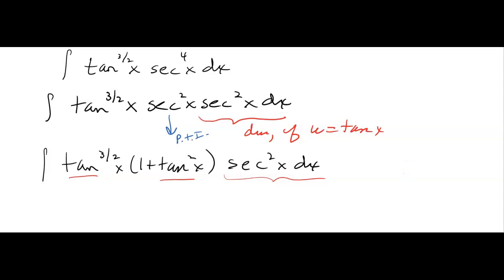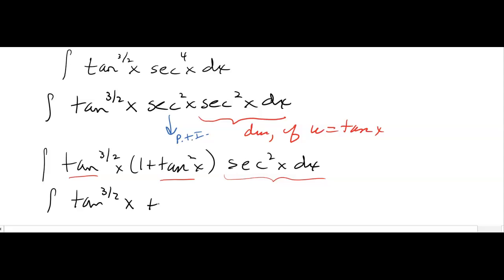Before we do that, we can distribute, make it a little bit easier. So this is tan to 3/2 times 1, tan to 3/2 x plus tan squared. Remember, you are not multiplying, you are adding exponents.